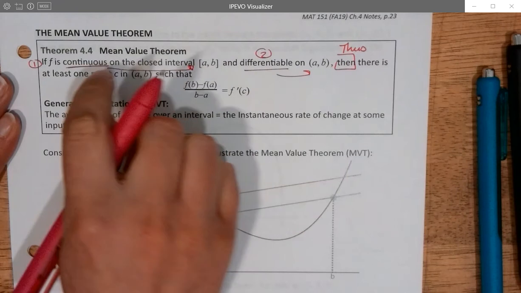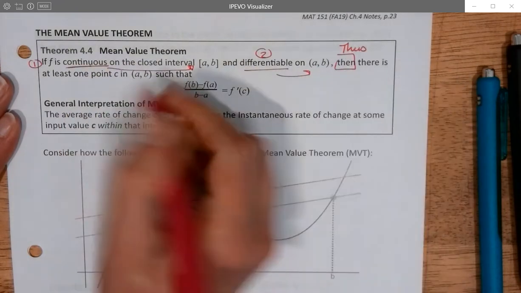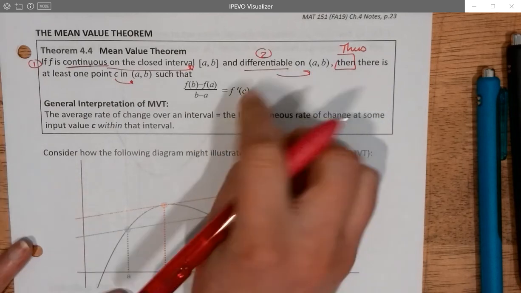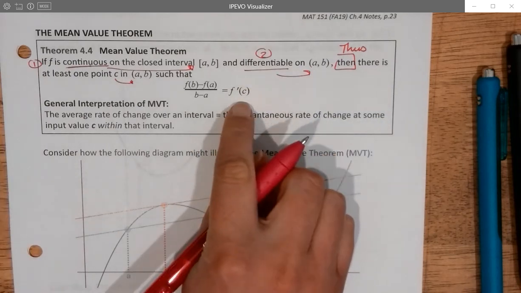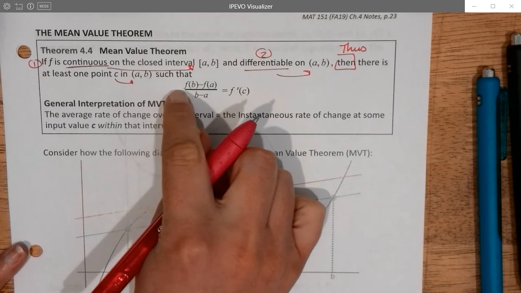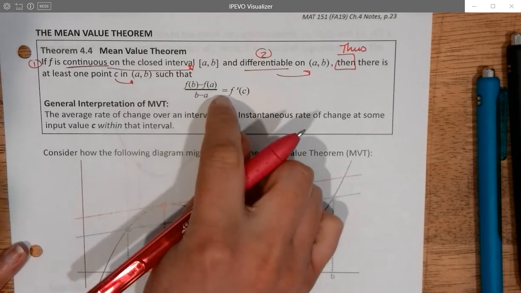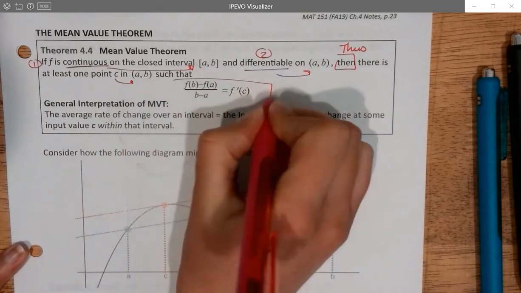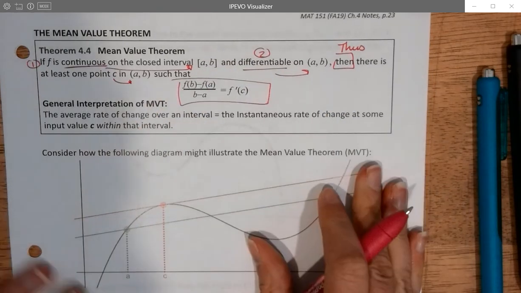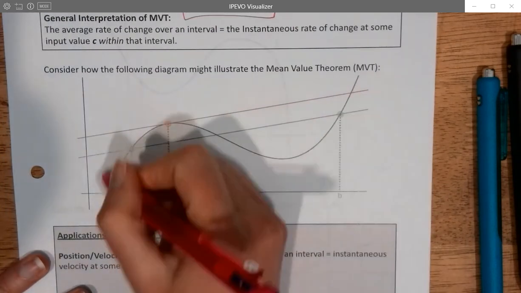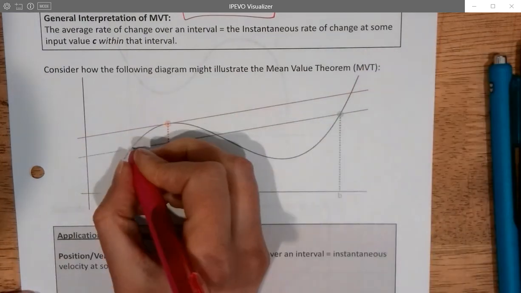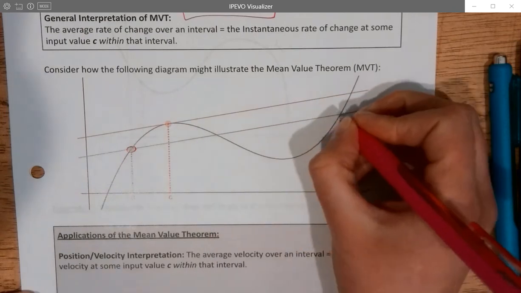If it's continuous and differentiable, there will be a point C in (A, B) such that f prime of C is equal to f of A minus f of B. I'm sorry, I said that backwards. F of B minus f of A over B minus A. Okay, what is that? First of all, let's look at this picture. I've got my nice continuous differentiable function, and I have an f of A and f of B value.